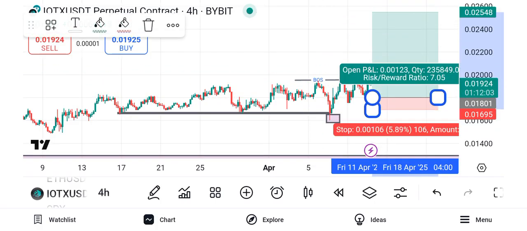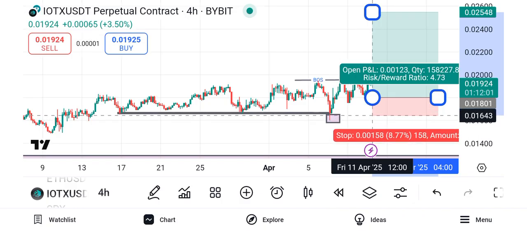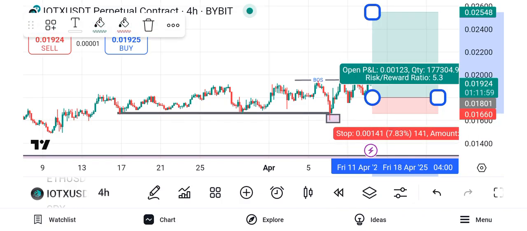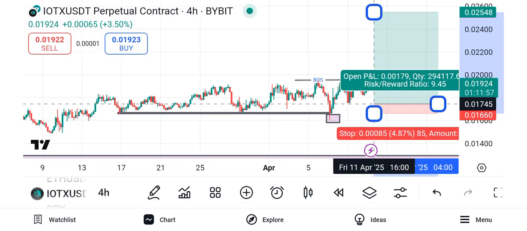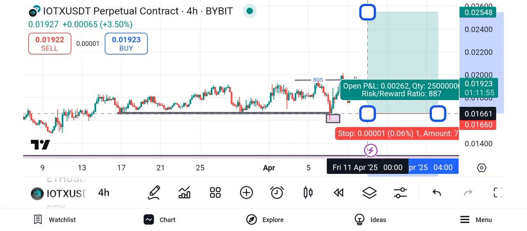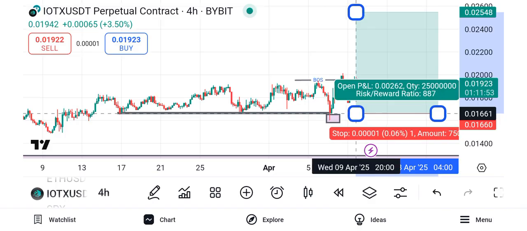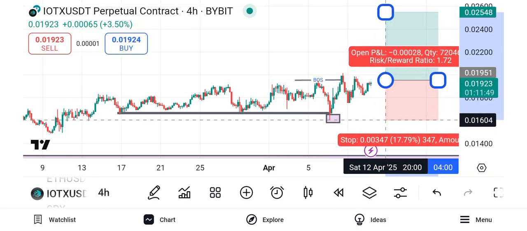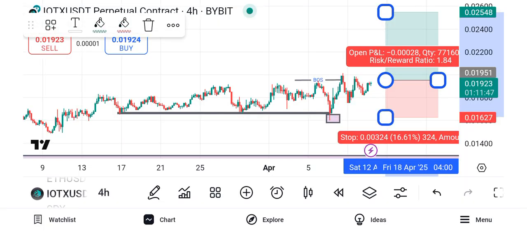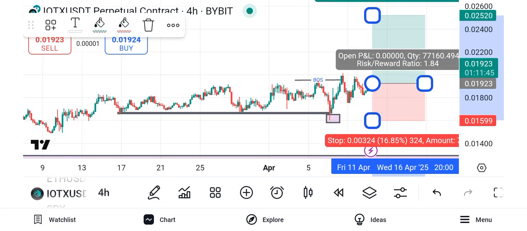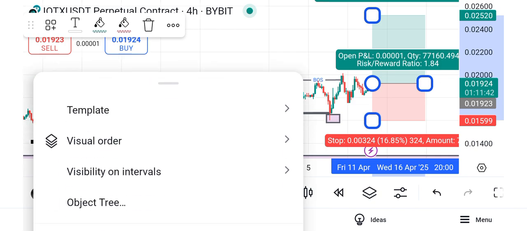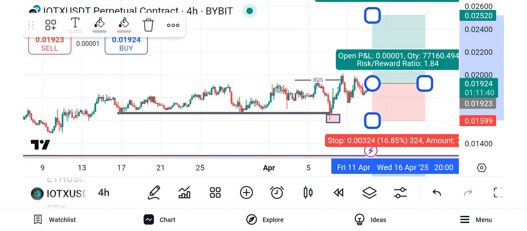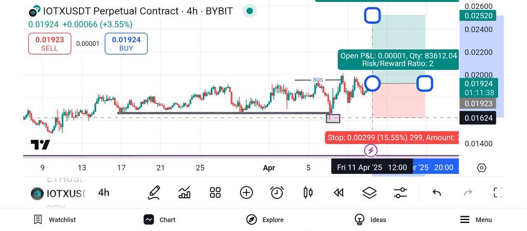You can enter from here and put your stop loss around this area, or even below this low, or below this zone right here.